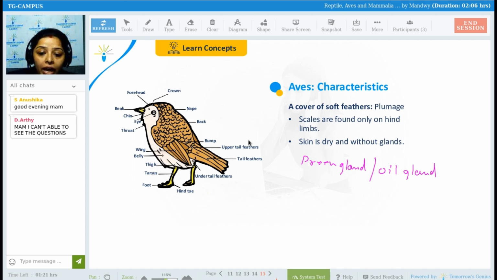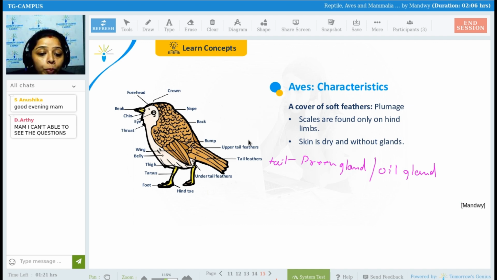All the other body parts don't have any gland. This preen gland is the oil gland, and it gives softness and shine to the tail. It makes it softened and greasy.